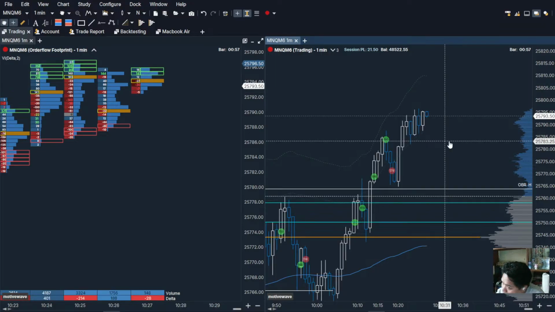Okay, now we're losing buying pressure potentially. Potentially we might be losing buyers now. We can start looking for sells soon.